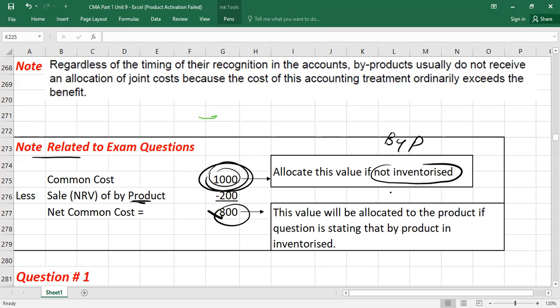But if the question says the byproduct is inventorized, then we will deduct the sale of byproduct from the common cost. The net common cost we will allocate. This is strict. If it is not inventorized, the gross value will be allocated, which is 1,000. If it is inventorized, then the net value will be allocated. Just fix it in your mind. Understood?